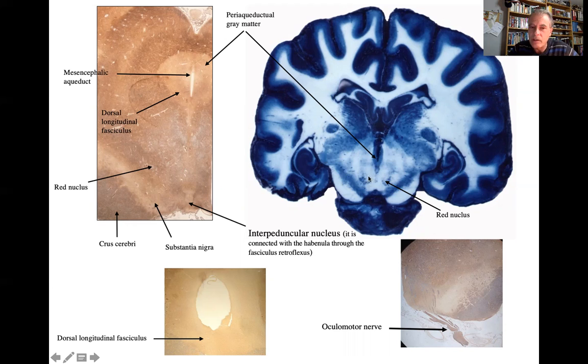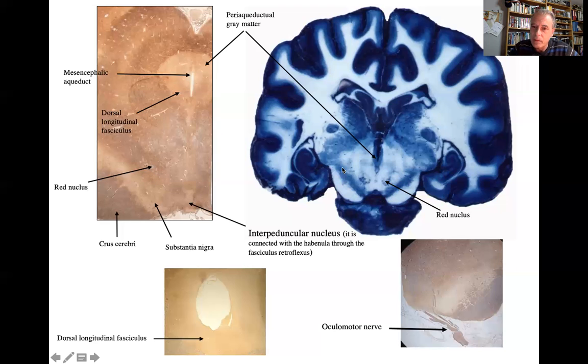And which structures do we identify in the mesencephalon? This one here, that is the red nucleus. Remember this nucleus, because in another lesson we are going to talk about sensory motor systems. So these nuclei are going to be involved.